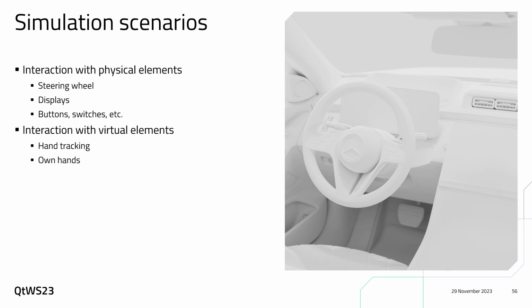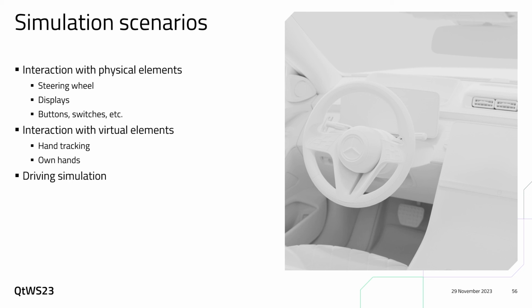The second scenario we consider is to interact with virtual elements. Of course, interacting with virtual elements is not as immersive as the physical ones, but with our setup we have quite good tools, as you can see, for hand tracking and seeing your own hands.